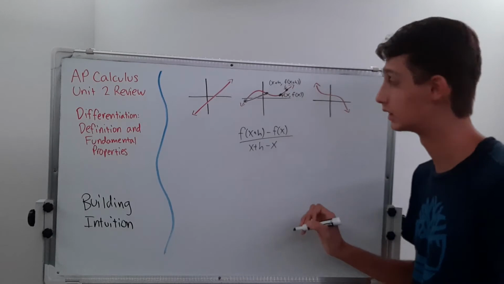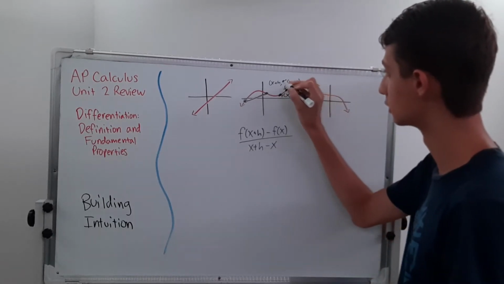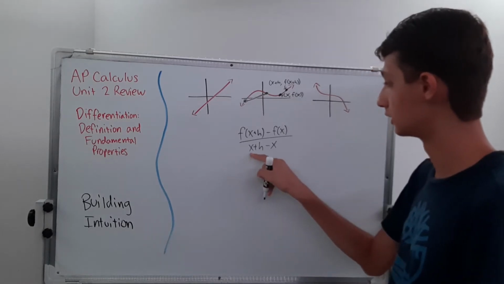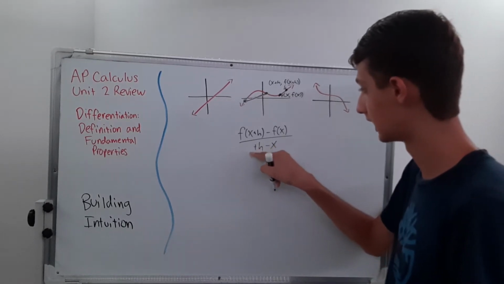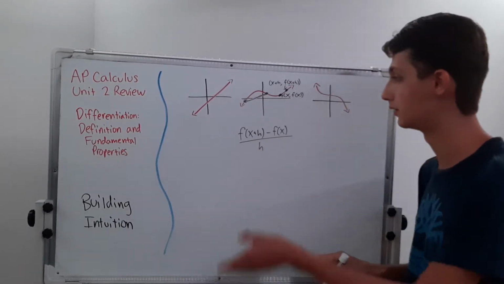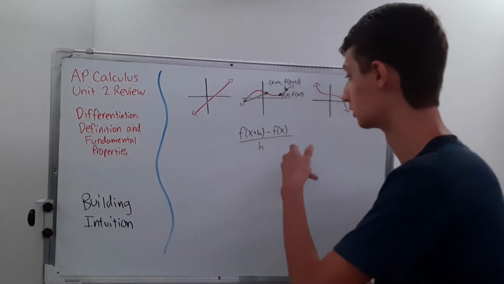So I hope you see how I did that. I just did this minus this over this minus this, your standard way to find your slope. And you can see that this x minus x is just going to cancel out, so I can just rub this out. And then we get f of x plus h minus f of x over h.